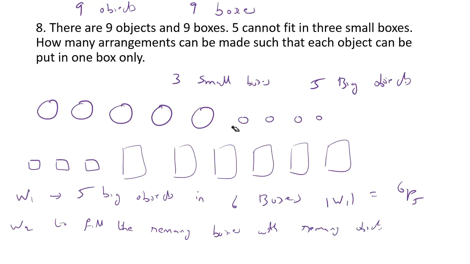So we have these 4 objects that are left out, and 1 big box and 3 small boxes are left out. So this we can do in 4 factorial ways. Therefore the number of ways of doing W2 is equal to 4 factorial. The total number of ways of completing the task is equal to the number of ways of doing W1 times the number of ways of doing W2, which is equal to 6P5 times 4 factorial. So this is our answer.